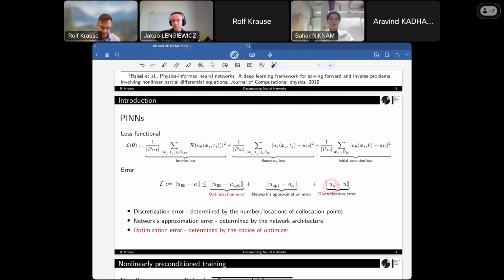You can estimate the error of the network by looking at a comparable finite element discretization, then looking at the error between the optimal approximation you can get for your architecture and the finite element approximation, and eventually the error you make during training.